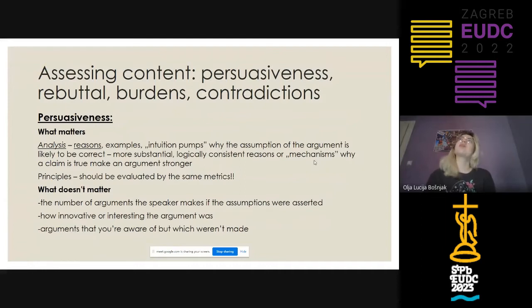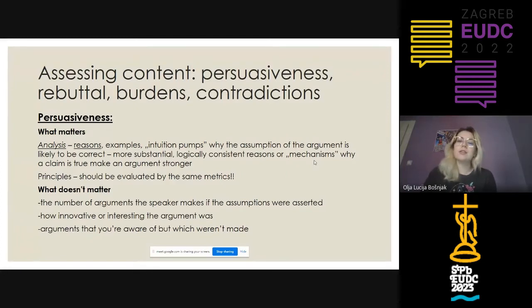Now, this sounds quite simple, but what I think is very important to cover, especially when we start judging, is all the things that don't matter and all the things we shouldn't take into account, because sometimes that's easier than what we do. So firstly, the number of arguments that a speaker makes.